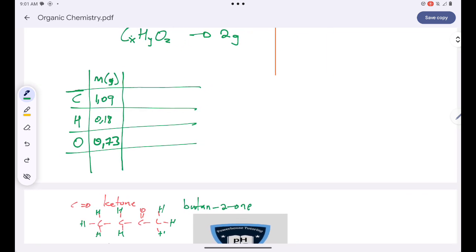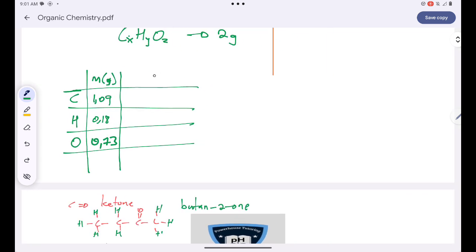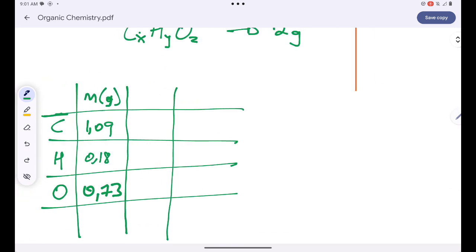Now all I have to do is find the number of moles of each element. Remember, guys, number of moles is always mass over the relative atomic mass. For carbon, the atomic mass is 12 grams per mole.